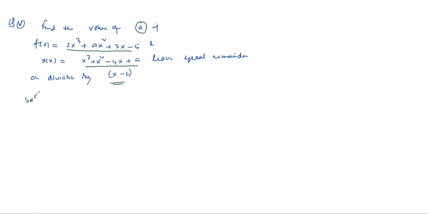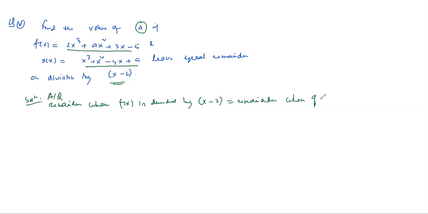So solution. You can easily write, according to the question, remainder when f(x) is divided by x minus 2 equal to remainder when g(x) is divided by x minus 2.